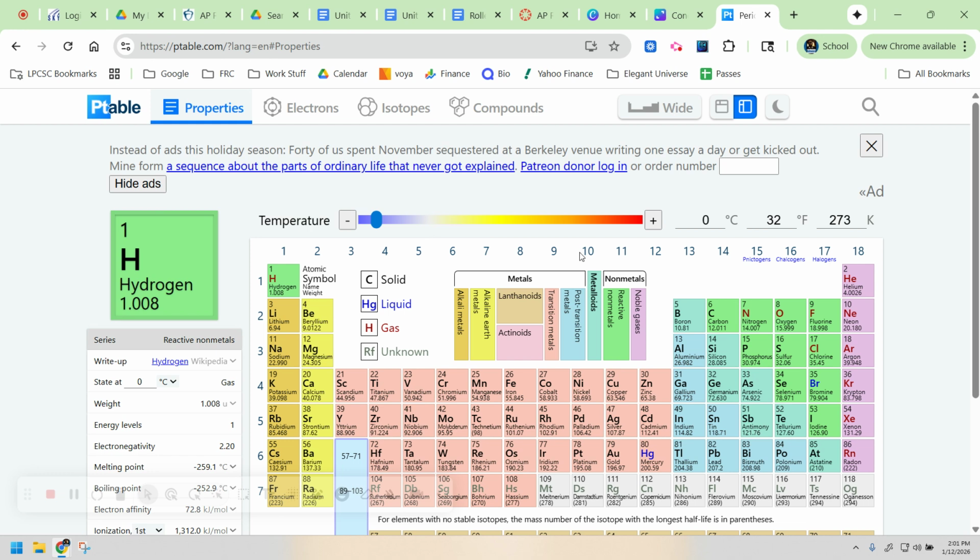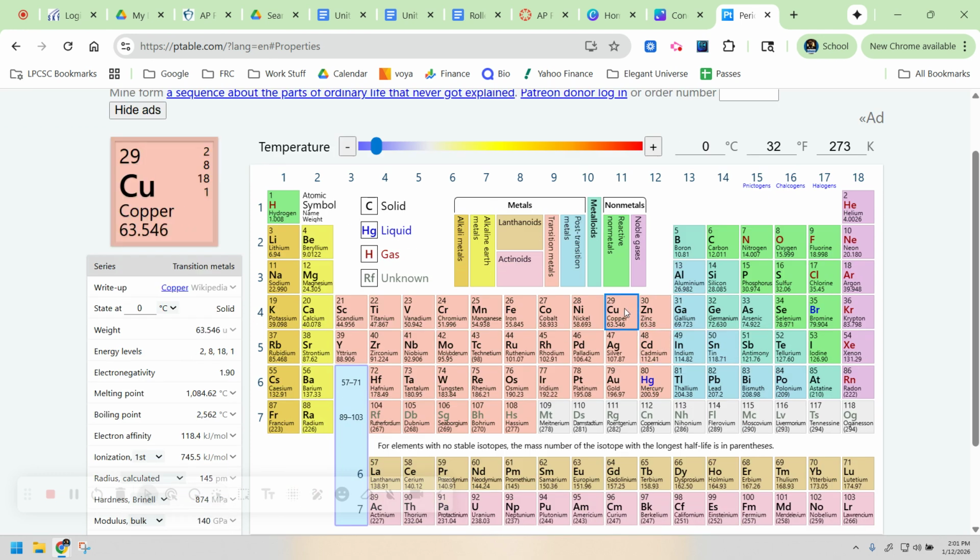So copper is a pretty good conductor for electricity. One of the reasons is the valence electron: it has one electron in the outer energy shell, so that's free moving. But also, it's supposed to have 29 protons, which means that if you add all this up, it has 29 electrons.